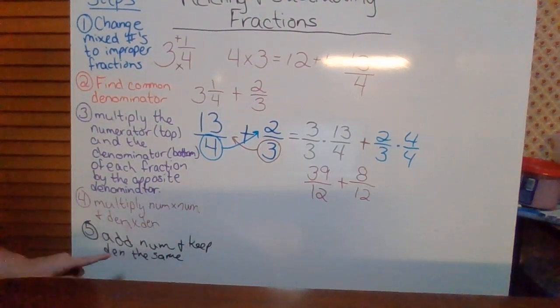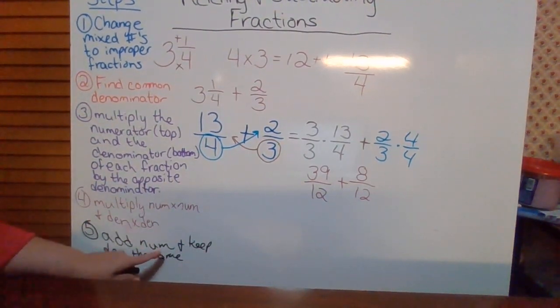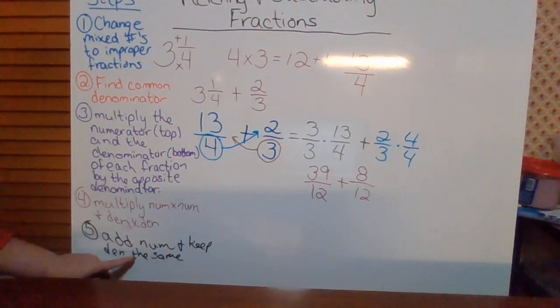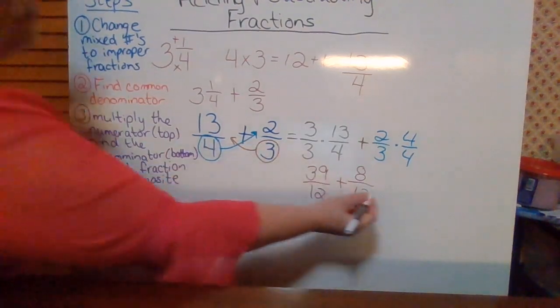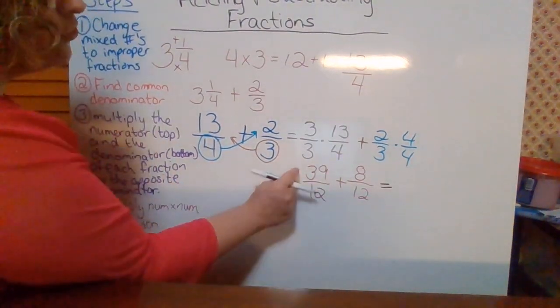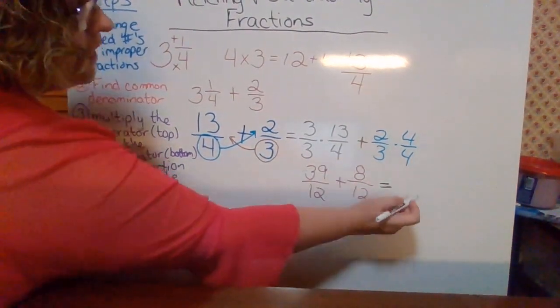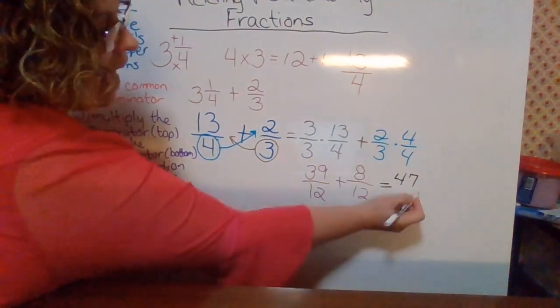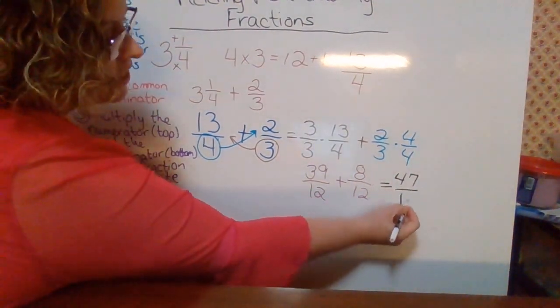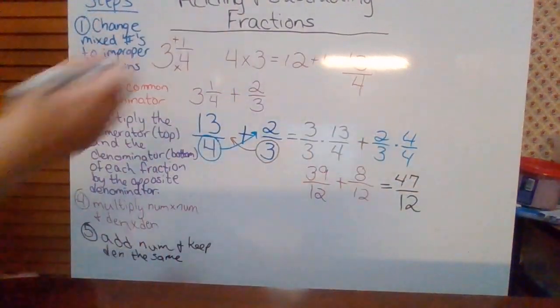Okay, so you add the numerator and you keep the denominator the same. And I know I'm starting to abbreviate, but I'm running out of room here. So 39 plus 8 is 47. And I keep the denominator the same, which is 12.